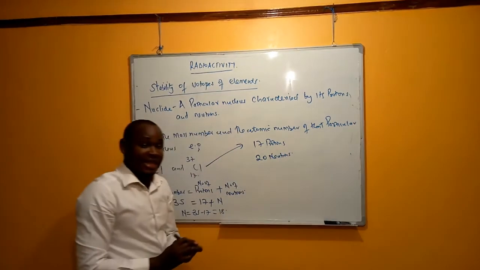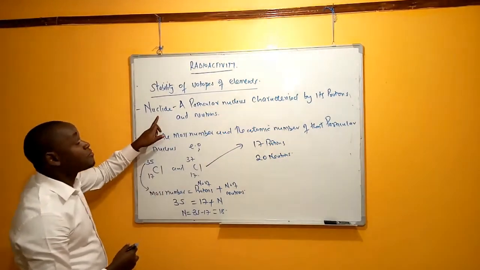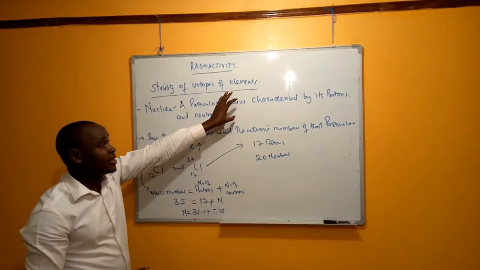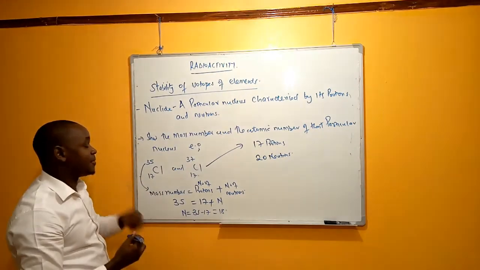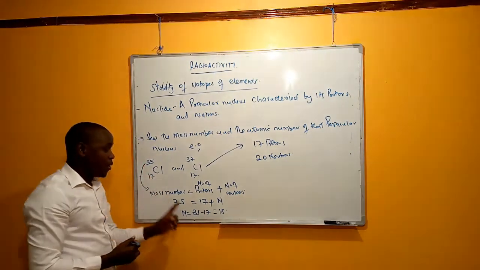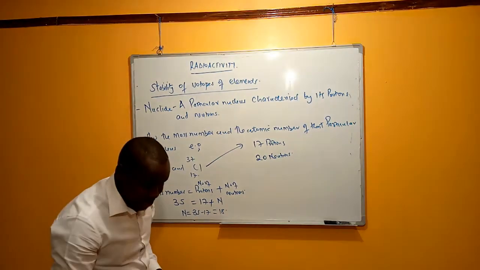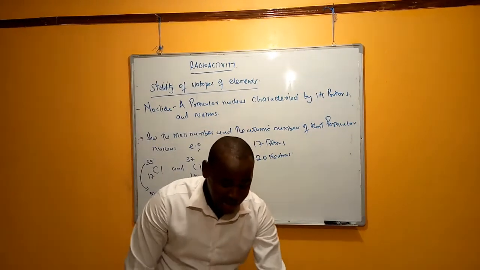So, learner, that is how we define the term nuclide. It is any nucleus, but its description is in terms of both atomic number and mass number. And from the mass number, we are able to get the number of neutrons. That is what you call a nuclide.